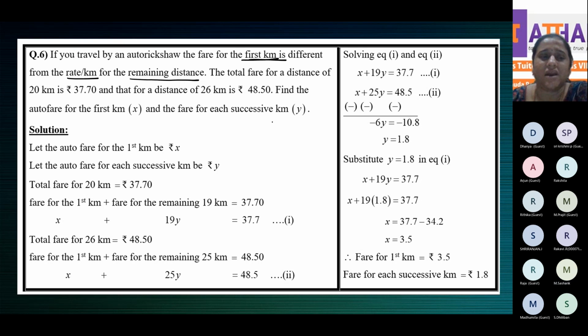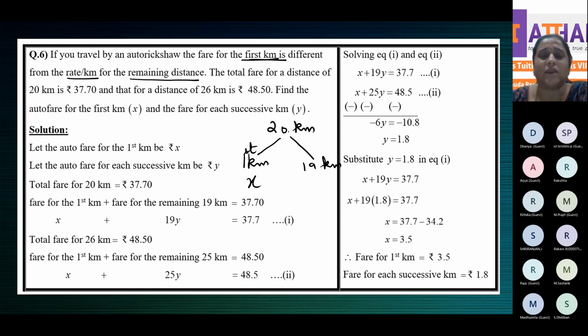Yes, ma'am. Now suppose you have hired the auto and you cover a total distance of 20 kilometers. Now the automan is charging you separately for the first kilometer. For the first kilometer, he is charging you X rupees. Then you will pay him only for the remaining 19 kilometers, right?